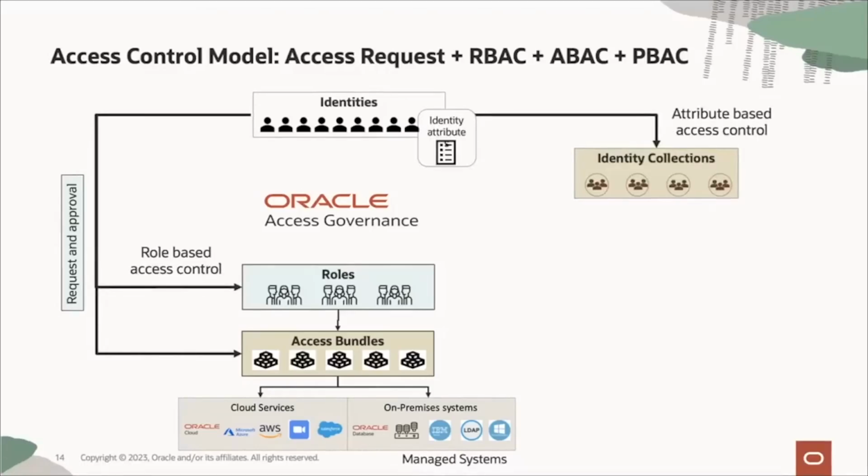We take it to the next level, where we allow the business units to create various kinds of identity collections. The identity collections are groups of users defined by business units. Let's say somebody in finance needs access to some applications. But not every user might be in finance. There might be some users who are part of other teams who might need access.